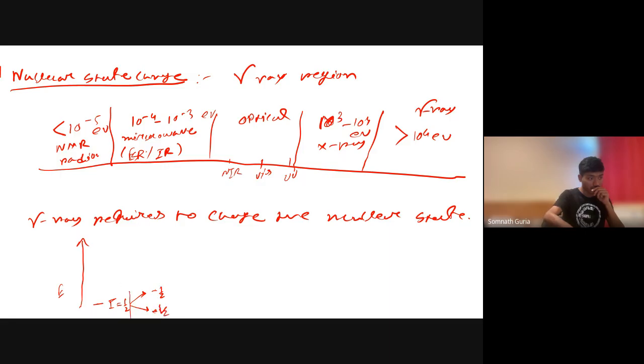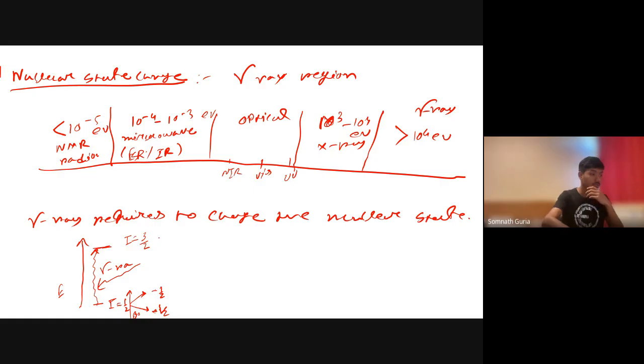While we are providing the gamma ray, this I equals to half becomes the I equals to 3 by 2.